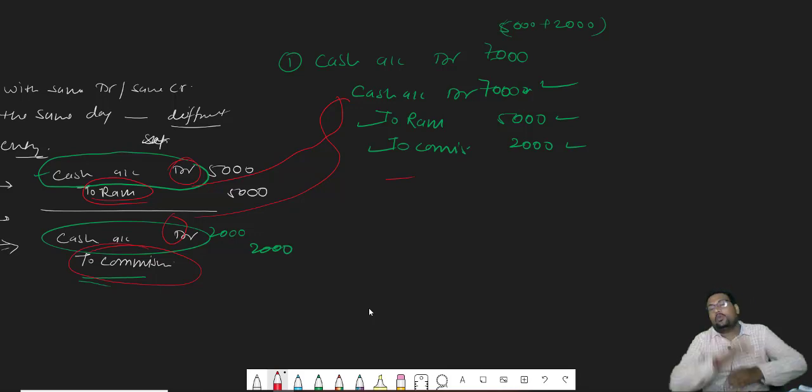For the opening entry, always remember, if the debit side is less, goodwill account debit. If the credit side is less and capital is not given, then the full amount will be transferred to capital. But if any particular amount is given, then the full amount will not be transferred to capital, it will be transferred respectively. Okay, so this much for today. Thank you very much.